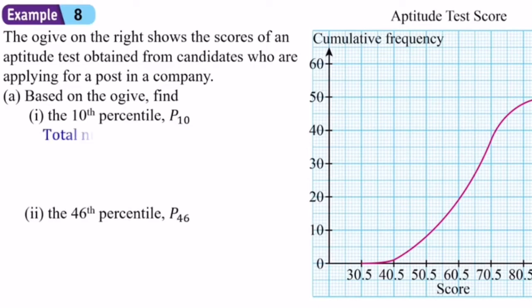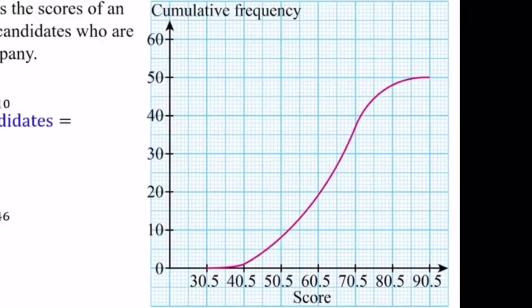Alright, so the total number of candidates is equal to how many? Let's draw a line to show the total number of the students.